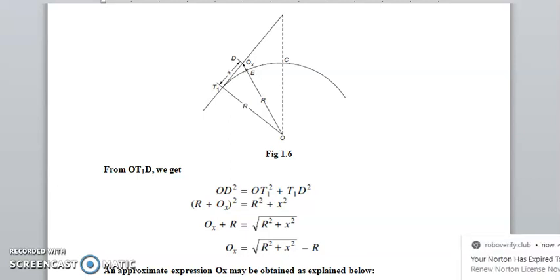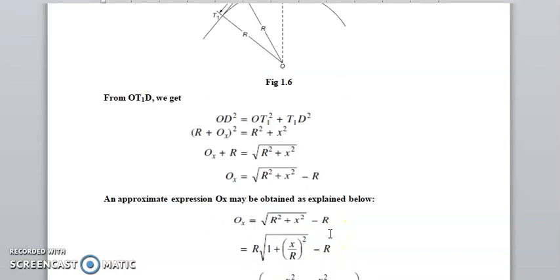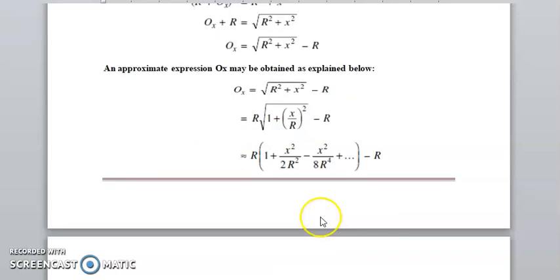OX is equal to the square root of R square plus X square minus R. An approximate expression for OX may be obtained by expanding it: OX is equal to R times (1 plus X square by R square) to the power half minus R, which gives R(1 plus X square by 2R square minus X to the fourth by 8R to the fourth plus ...) minus R.